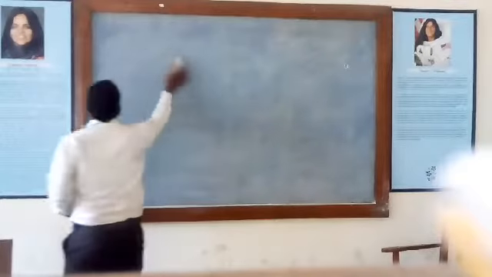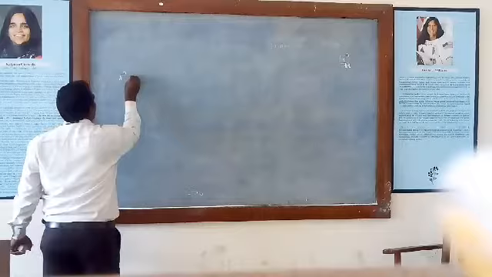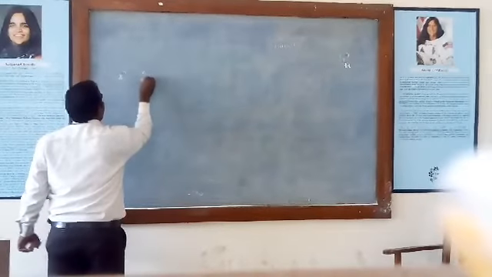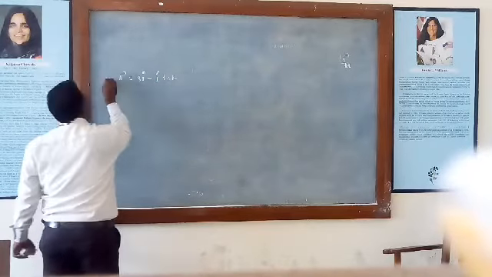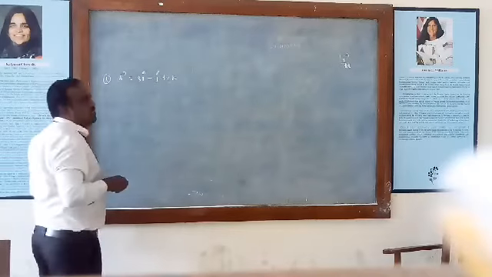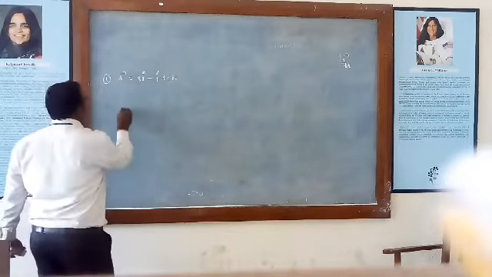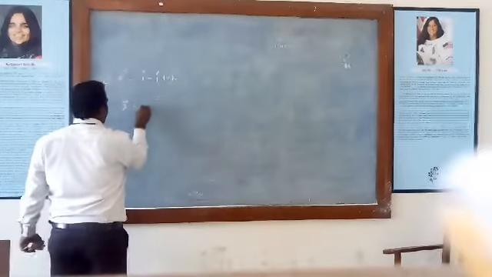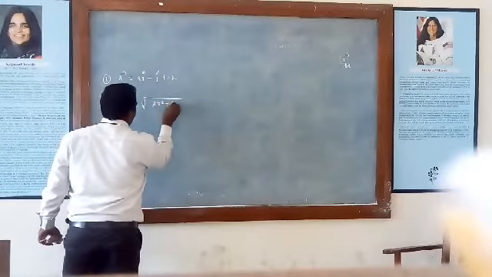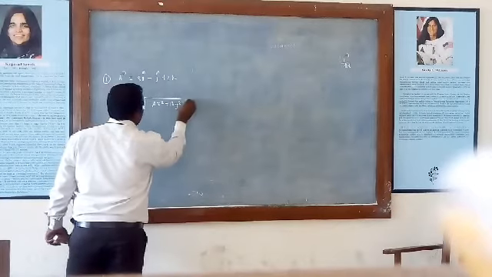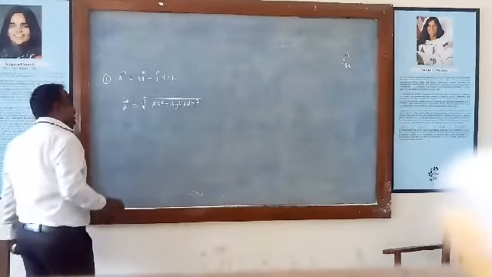For the first numerical, take vector a bar equal to 3i cap minus j cap plus 2k cap, and you are asked to find the magnitude of this vector. As per our previous discussion, the magnitude of a bar is the square root of ax square plus ay square plus az square.